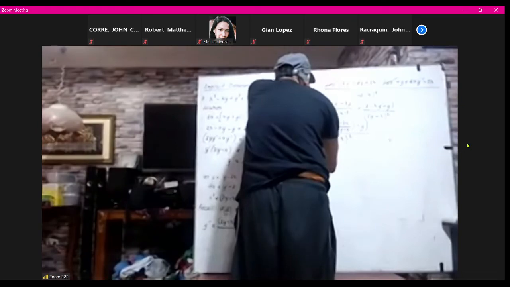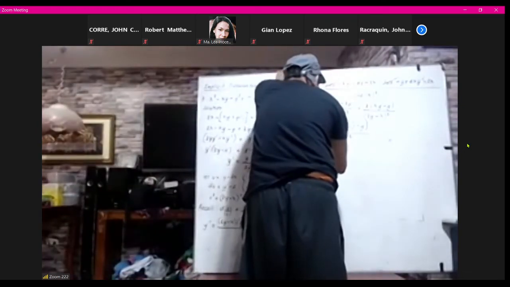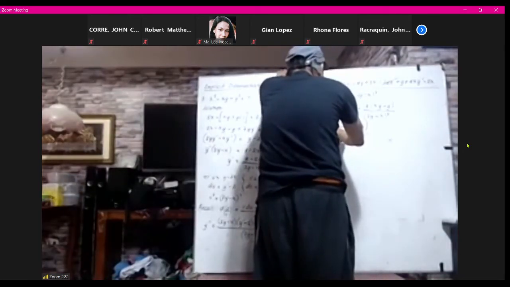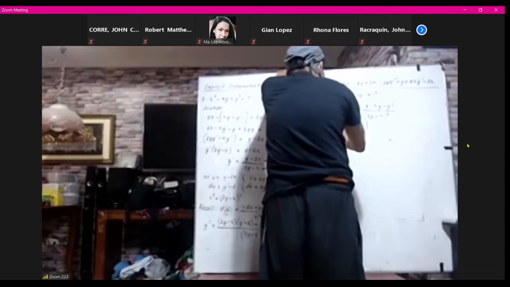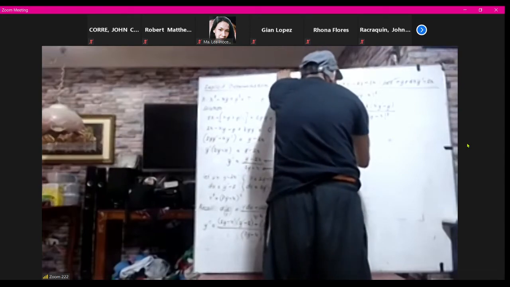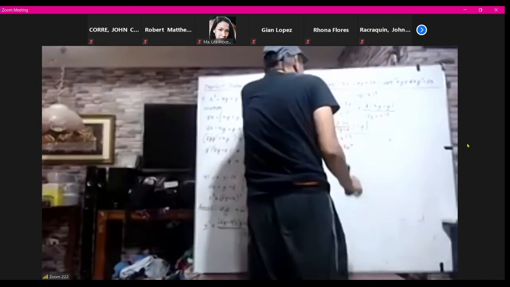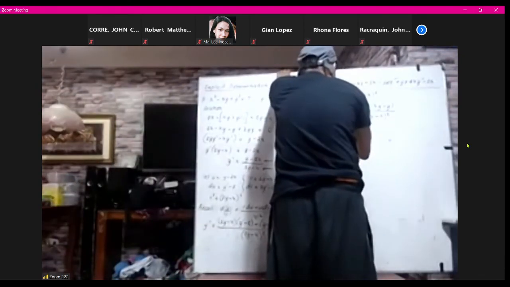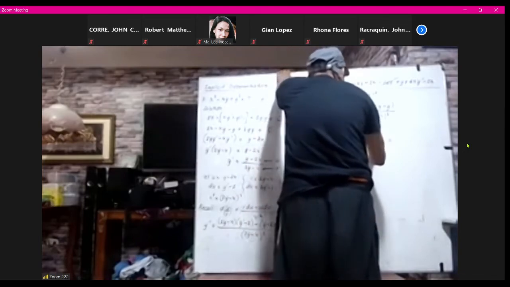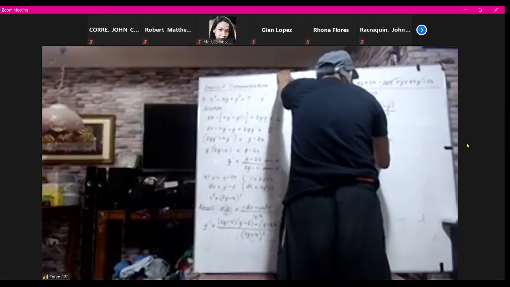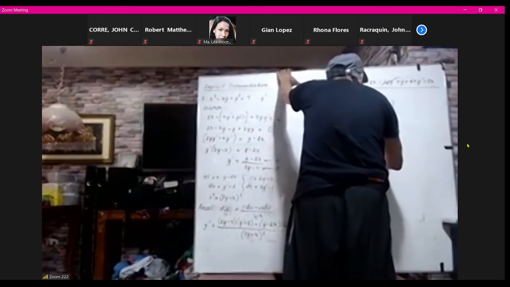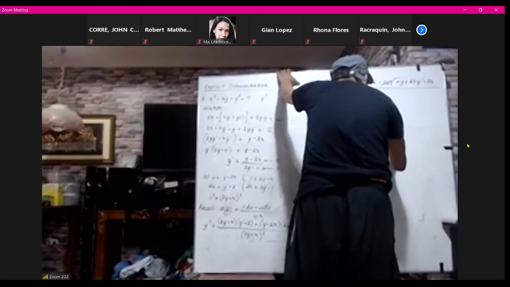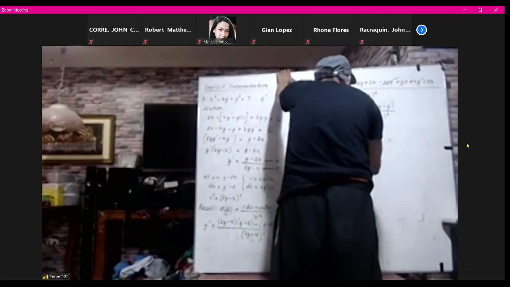So, that is second derivative equal to 3 multiplied by, ayan, x times y is equal to xy. Then, x times negative 2x is negative 2x squared. Okay? Then, ito naman, 2y times negative y, negative 2y squared. Negative x times negative xy is positive xy. All over, ibababa natin yan.